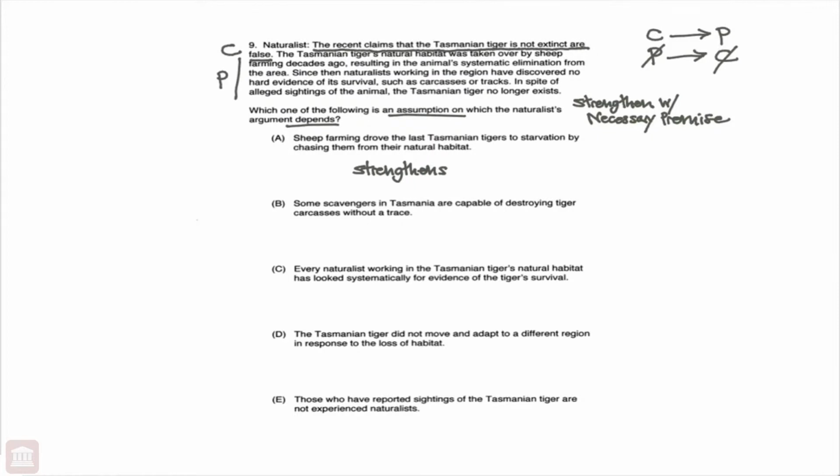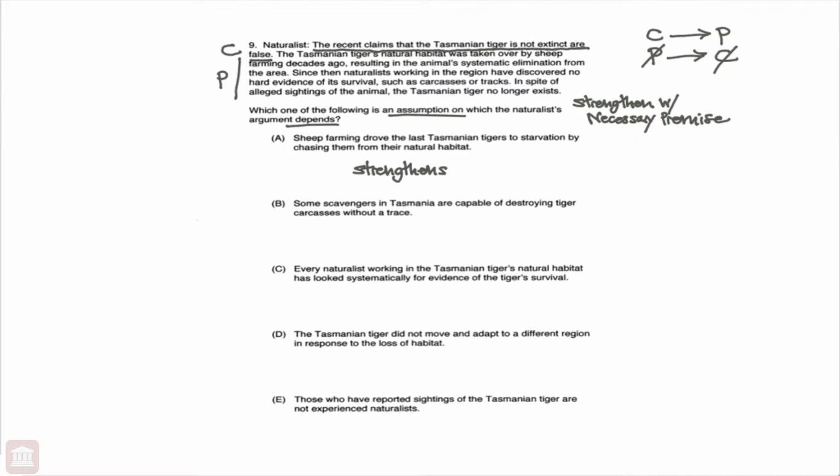But the question now is, is it a necessary premise to the argument's conclusion? To check that, we would negate A: sheep farming did not drive the last Tasmanian tigers to starvation by chasing them from their natural habitat. And you notice that when you negate A, nothing happens to the conclusion.